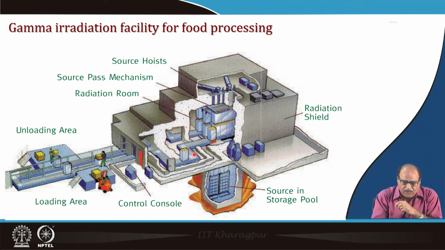It follows a zigzag path to the radiation room. When the material comes here, the source, through remote control operation, is taken up and emits the radiation. So, in the required area it gives the desired dose of radiation, and then the material again takes a tortuous path and comes to the unloading area.